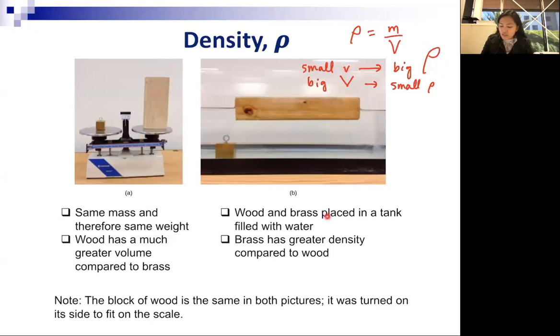Its density is greater compared to the density of water, and so that's why it sunk to the bottom. We'll talk more about relative densities between the object and the water later on, but this illustrates how thinking about density, mass per unit volume, is more useful than thinking about just the mass of the objects themselves, because then the volume becomes important.